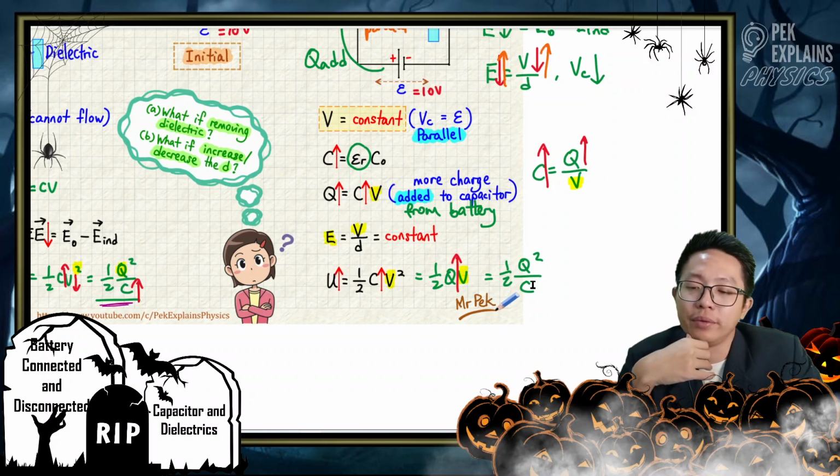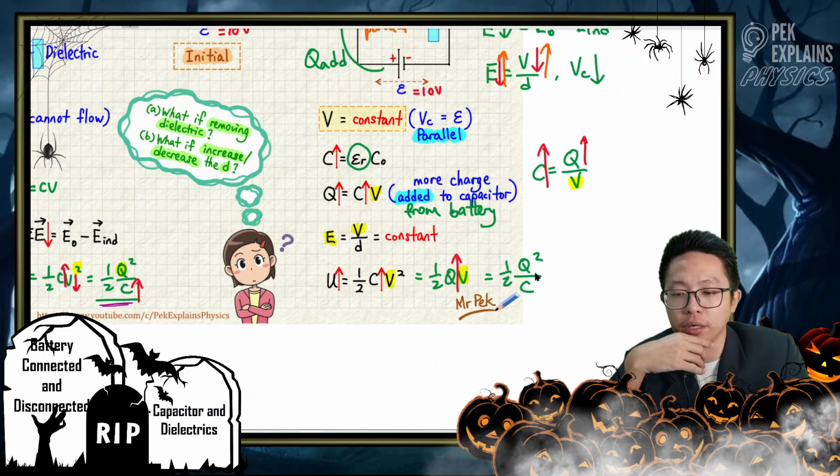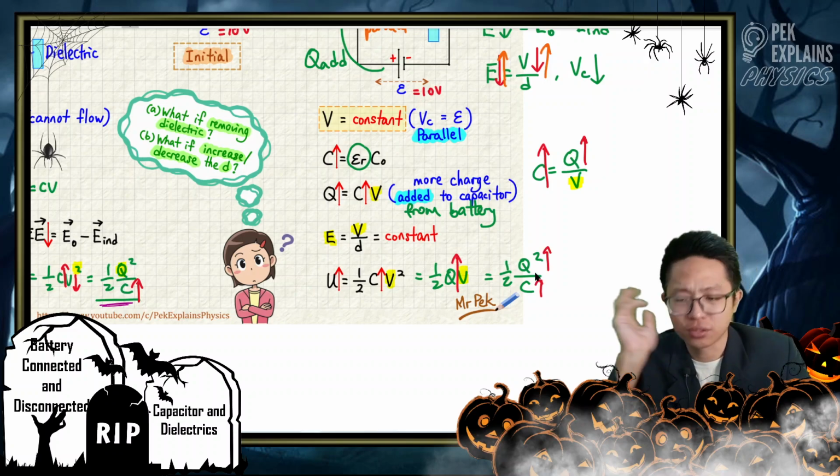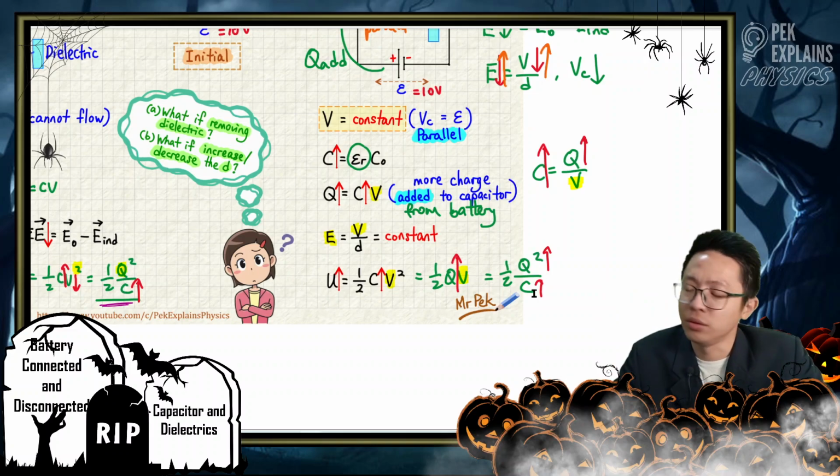How about this one? Can we use this one? Q increases. We know that Q increases. C increases also. But you have three variables here. Not so good. But anyway, we can see here we have a square.